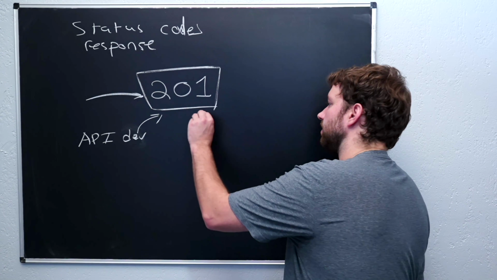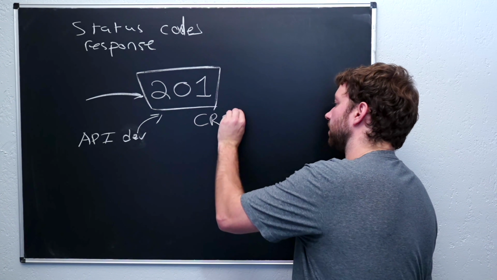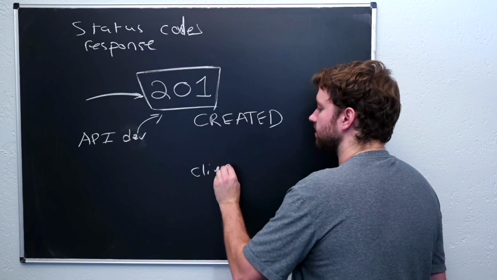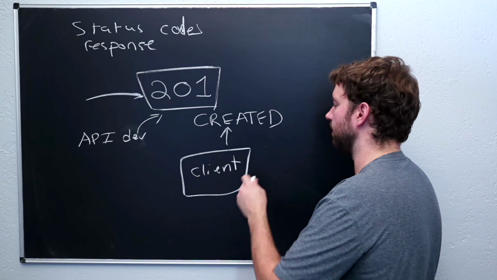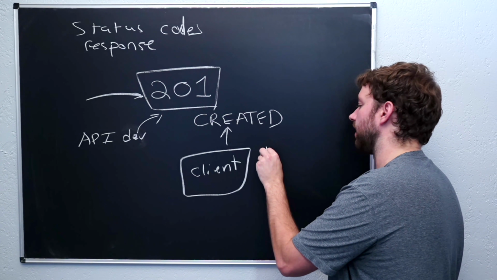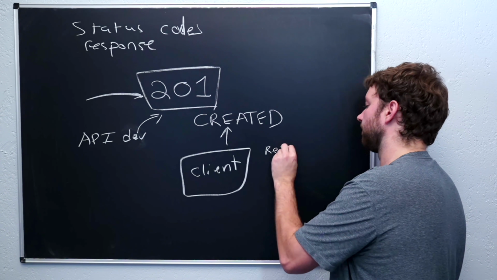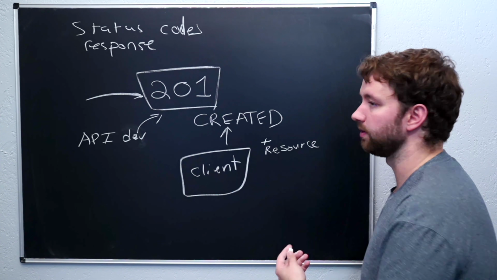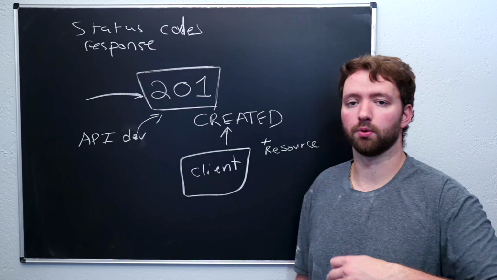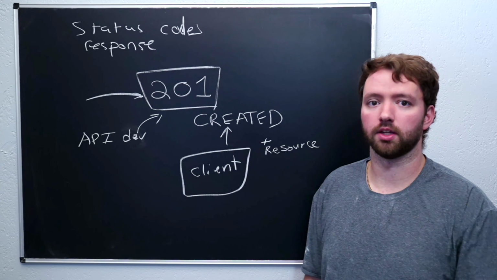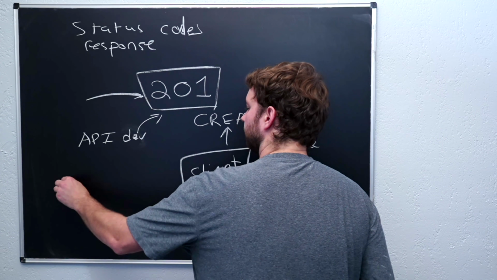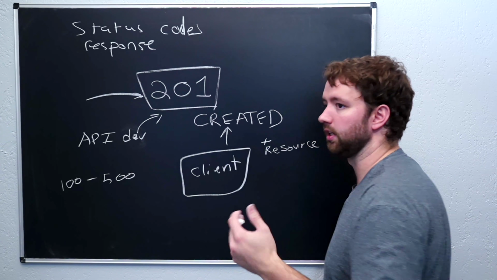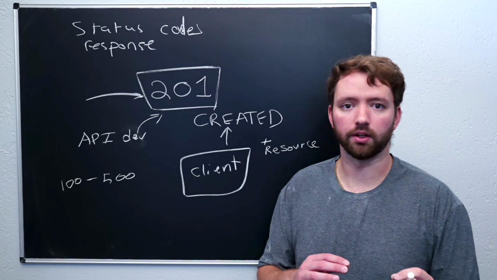So 201, this will have the text associated with it, which is "Created." And when a client sees this, it can interpret that message to mean, hey, we likely created a new resource. So this is a common response for a post request where we're creating a new value in the database. So there are a bunch of different codes in the 100 range to the 500 range, each one meaning something unique, but there are different categories.